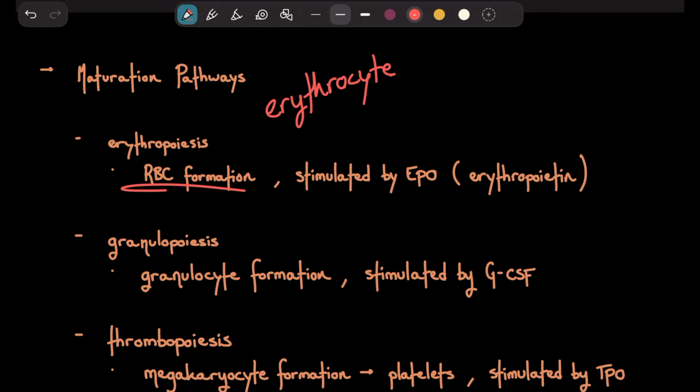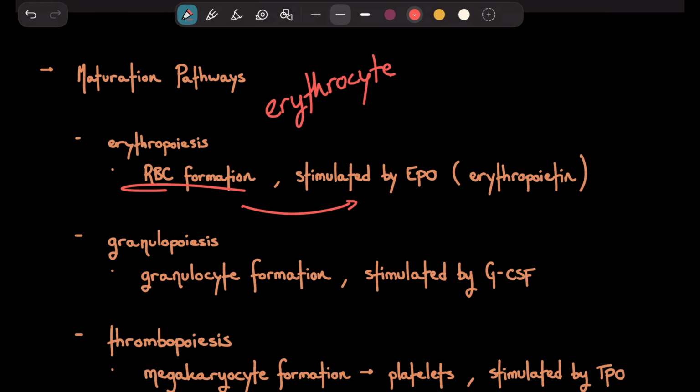So this is just formation of erythrocytes, red blood cells. It's stimulated by something called EPO, erythropoietin, and that is from your kidney. Your kidney is really good at detecting blood pressure. It gets a fifth of cardiac output. Kidney's very crucial for determining your systemic blood's behavior.